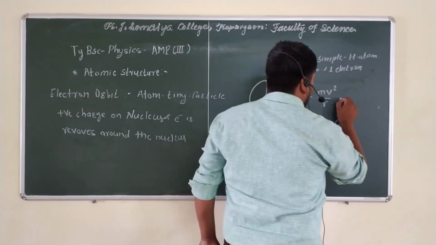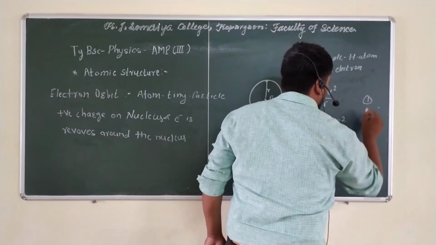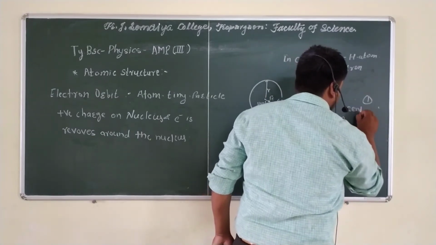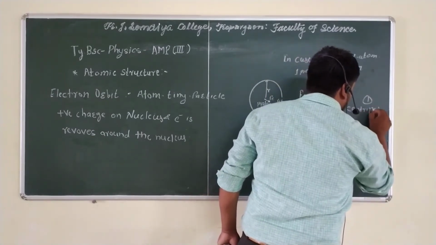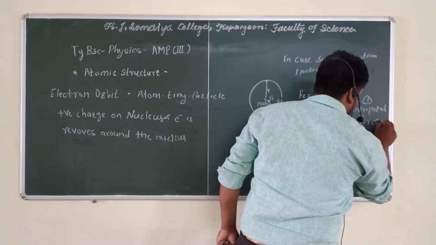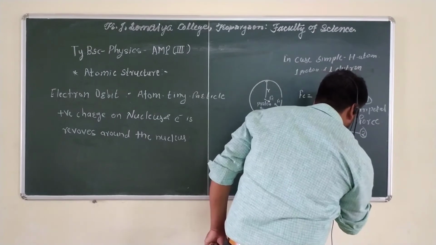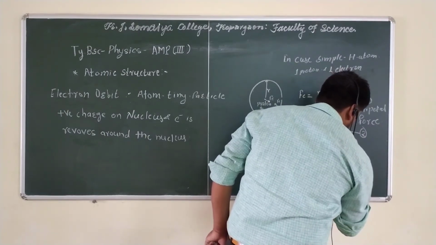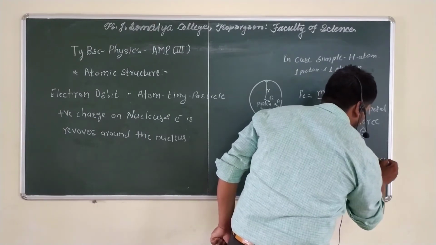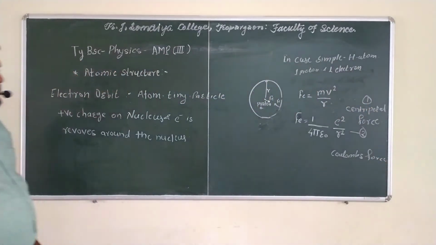This is equation number one, the centripetal force, and this is equation number two, the Coulomb force acting on the nucleus.